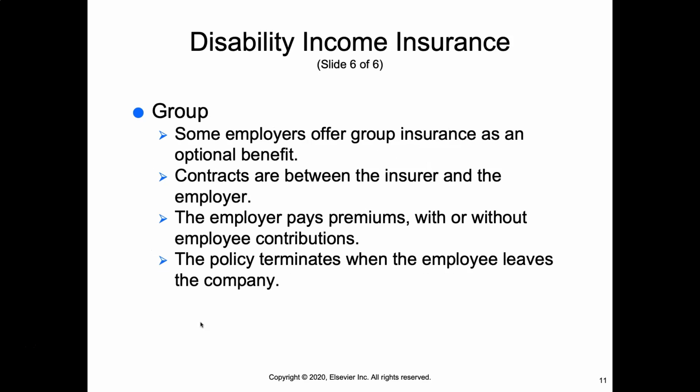Talking about group disability income, this is where employers offer group insurance as an optional benefit. And again, this is a really great thing. The contracts are between the insurer and the employer, so the employer is the one who's paying the premiums with or without employee contributions. The only downside is that the policy terminates when the employee leaves the company.